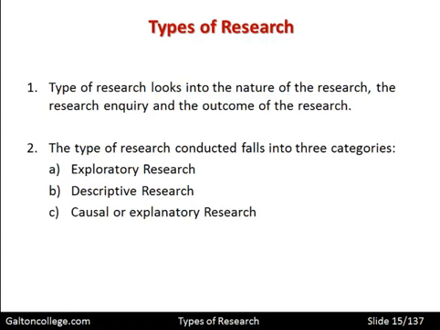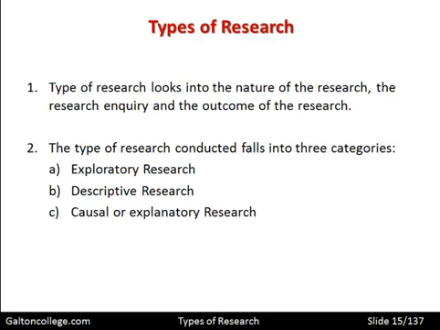Or it could be causal or explanatory research. Causal research is looking for causes. What links the two things? Why is it when the price of the product was decreased, that no extra sales were achieved? Why was that?